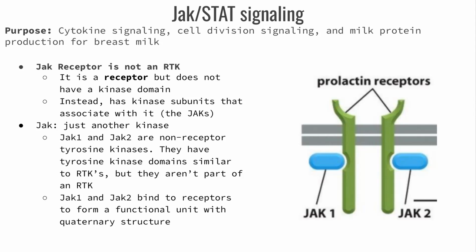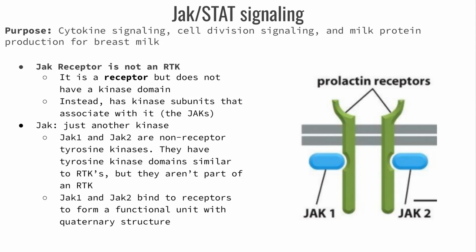Over here you have the two receptors, and then it is in quaternary structure with JAK1 and JAK2, which are kinases that have kinase domains, but it's not an RTK because the receptor itself does not have kinase activity. It's the subunits bound to it on the inside of the cell.